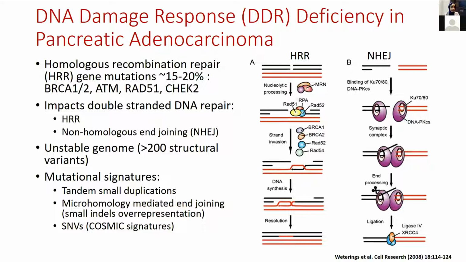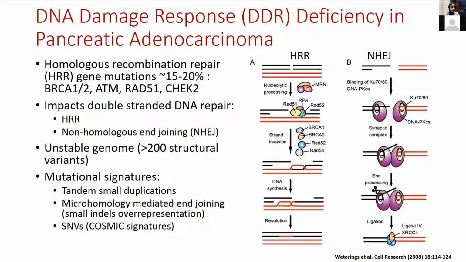So these genomes have been described as unstable, displaying more than 200 structural variants. Among the mutational signatures that are unique to HRR pathway deficiency are tandem small duplications and microhomology-mediated end joining.